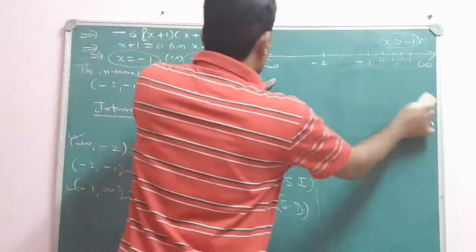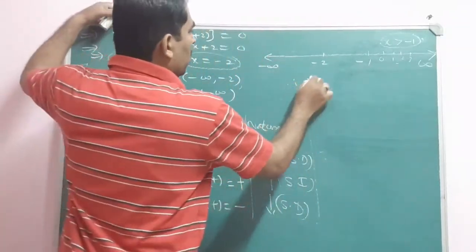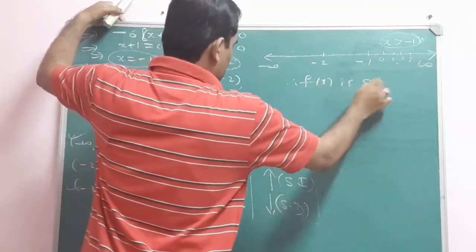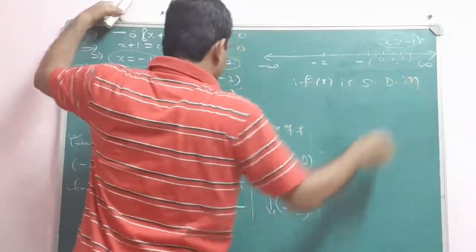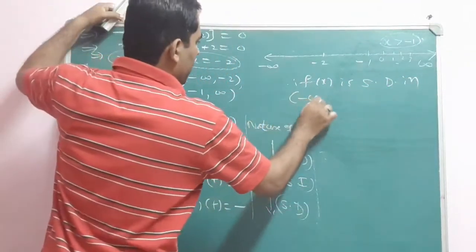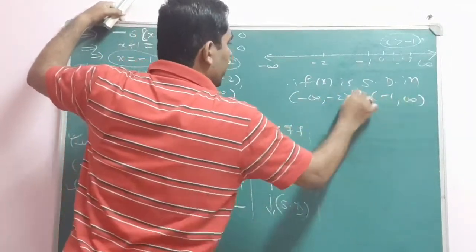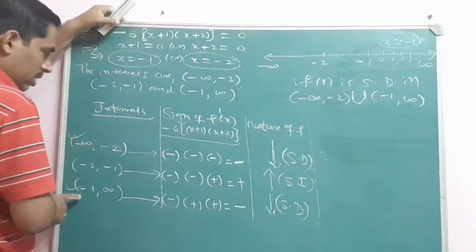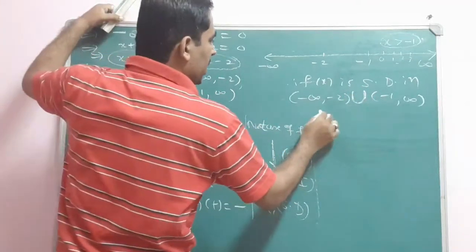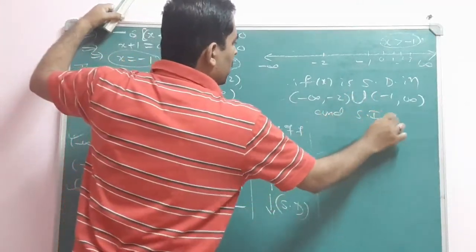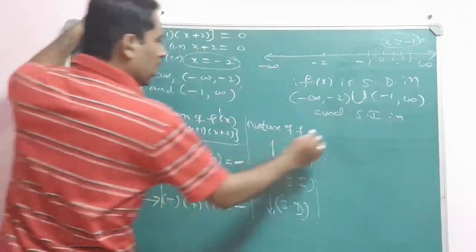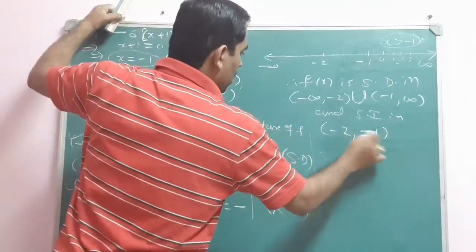So in the last step we can write it. Therefore, the given function is strictly decreasing in these two intervals, minus infinity to minus 2, union, minus 1 to infinity. See, in this and this it is decreasing, and strictly increasing in minus 2, minus 1.